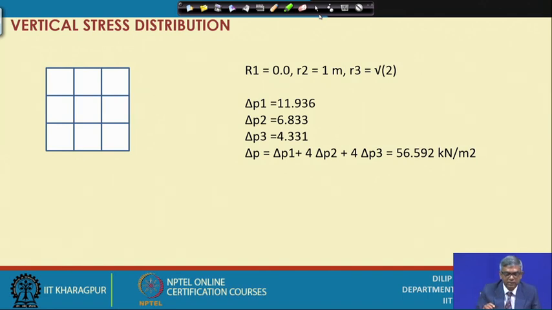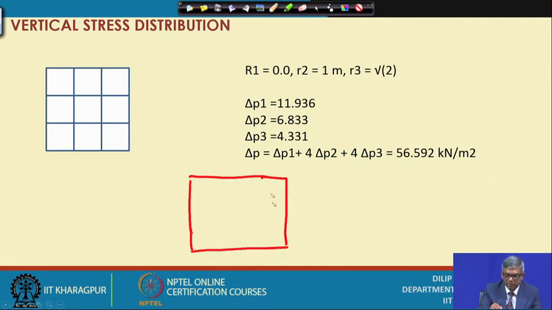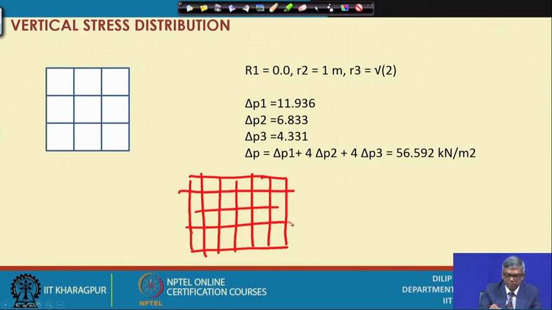So, this is the application. Obviously when more accuracy is required, I can divide this into a bigger number of meshes, any number of meshes. Then I can number them, and from symmetry I can locate the center, and from the center distance I can find del P1, del P2, del P3, del P5 like that, and then sum them up to get the total effect.